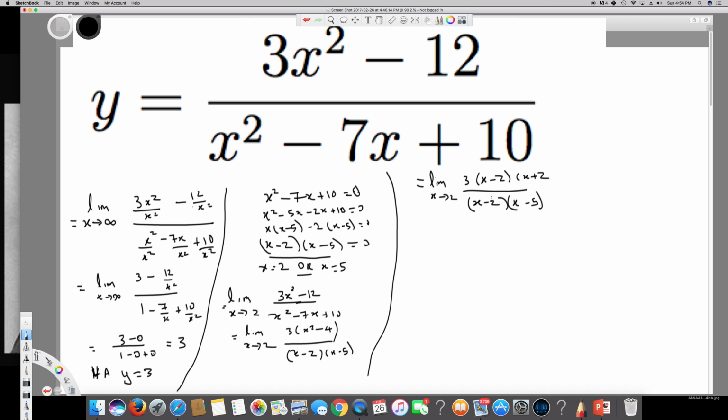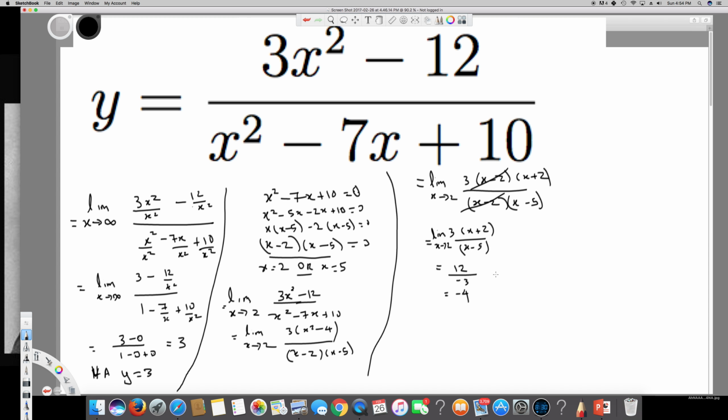So we can see that x minus 2 cancels. We are left with 3 times limit x approaches 2 of x plus 2 over x minus 5. Now we can substitute the 2 value here and see what happens. 2 plus 2 is 4, 12 over 2 minus 5 is minus 3, so it's going to be minus 4.